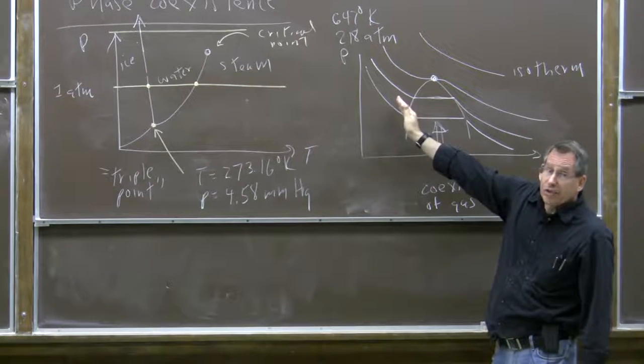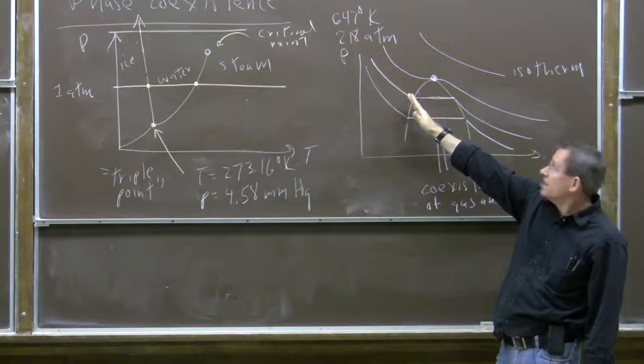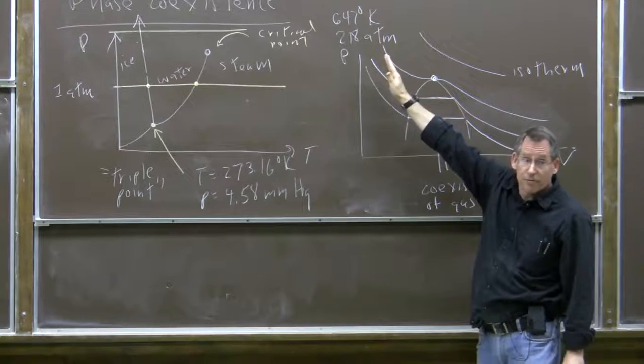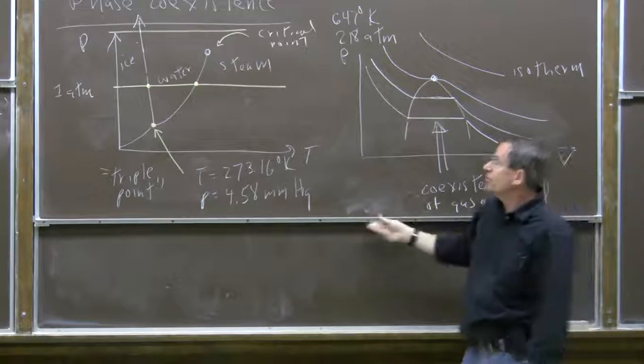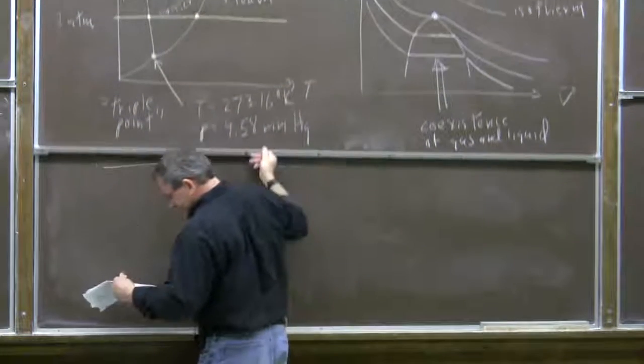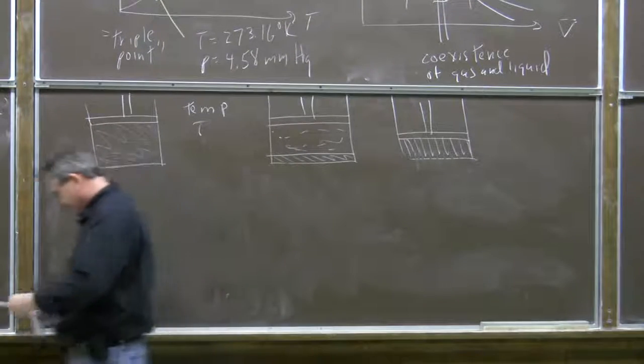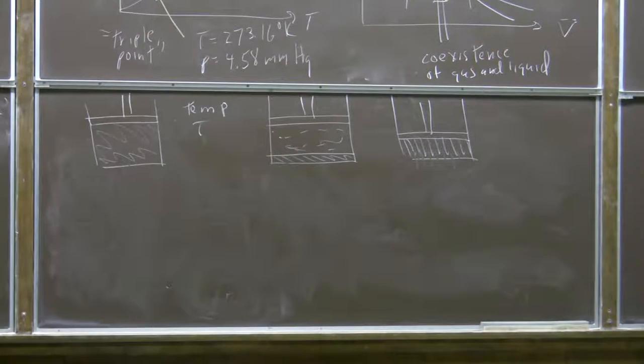Keep squeezing down. Eventually we've converted all the gas to liquid, and then compressing further makes the pressure shoot up. So when we have coexistence, it means that we have gas and liquid in equilibrium with one another.